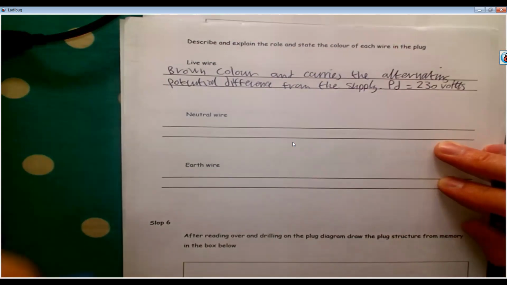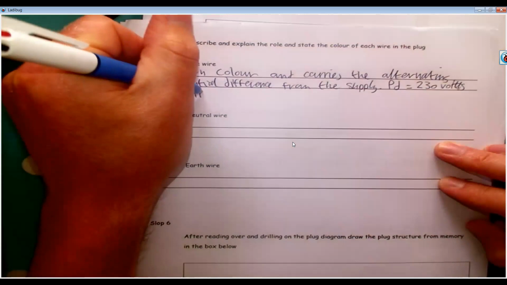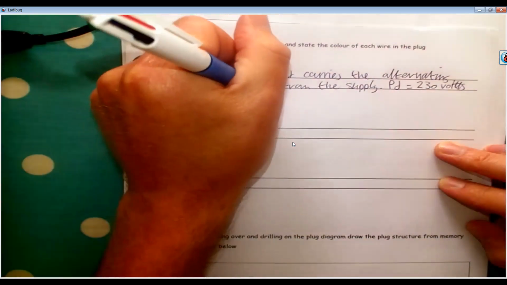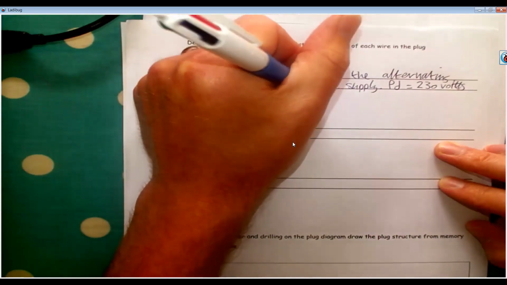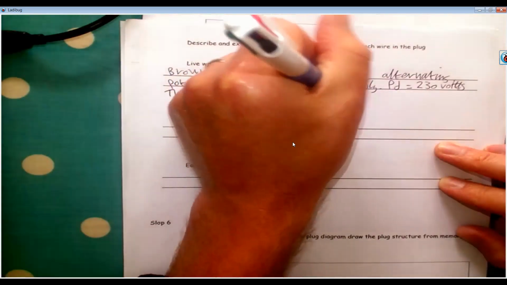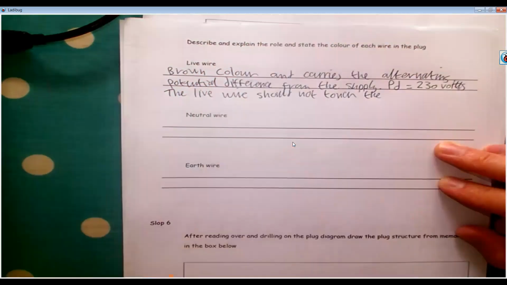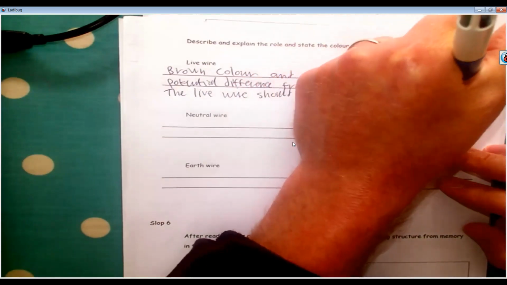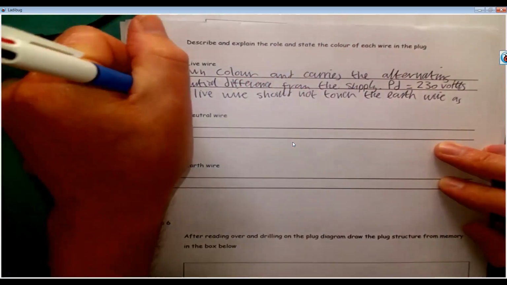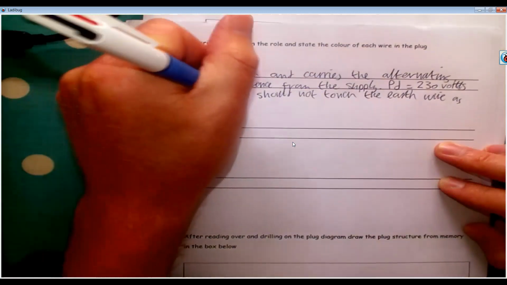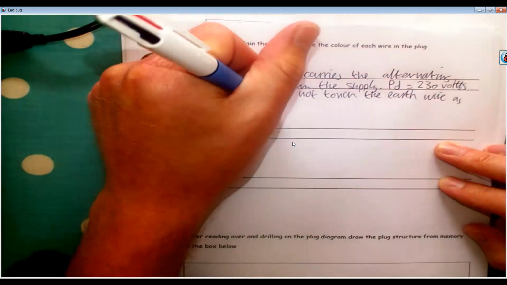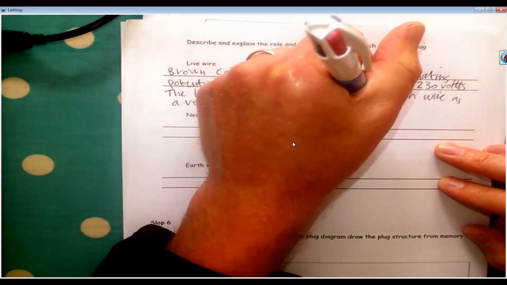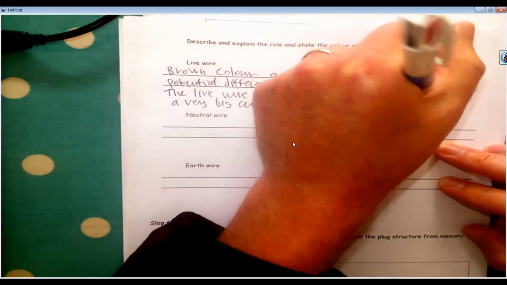And another little piece of information, the live wire should not touch the earth wire, as a very big current could flow, causing a fire.